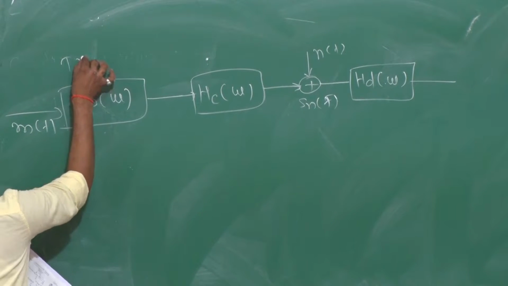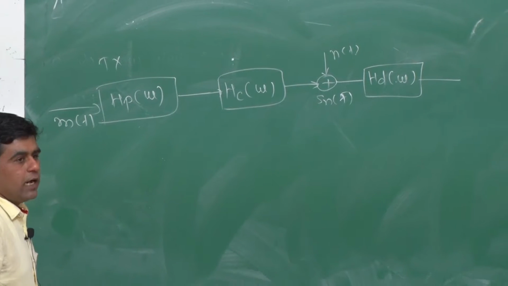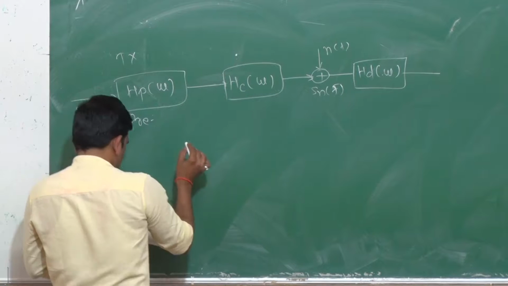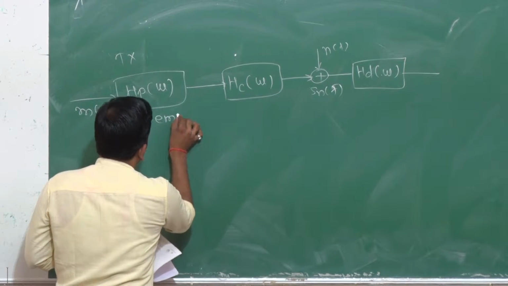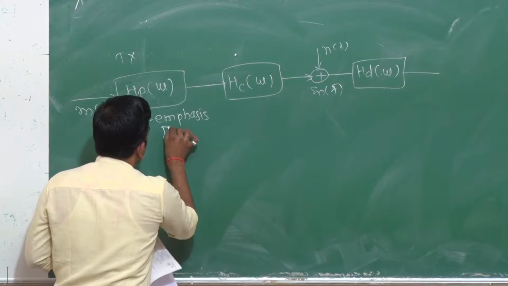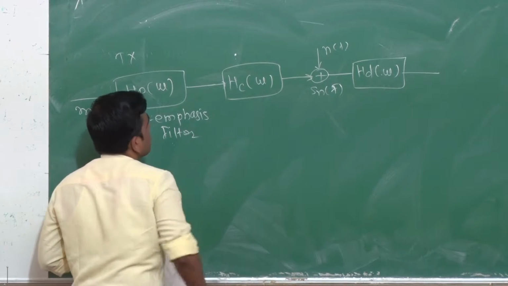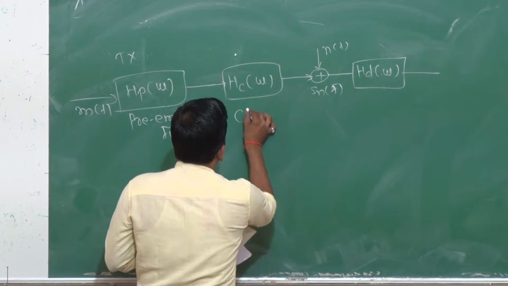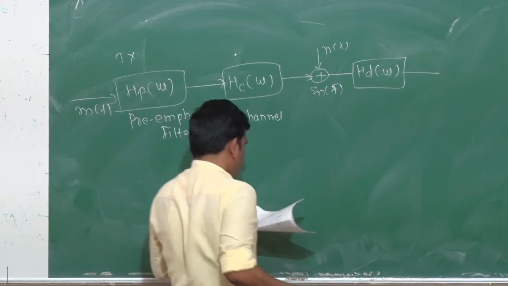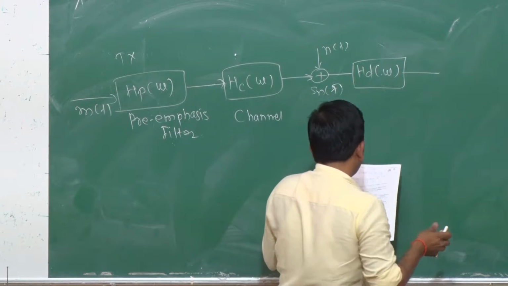This one is your transmitter part. Here we have to implement this pre-emphasis filter. This one is your medium. Here we have to consider the noise.